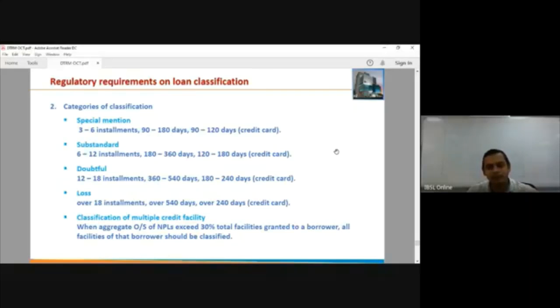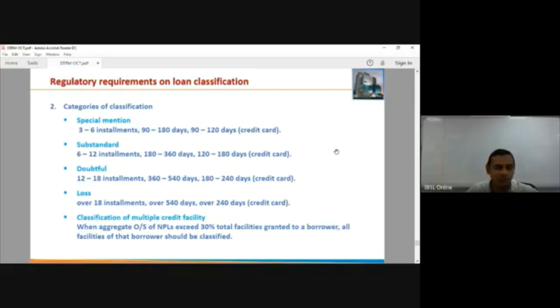Now suddenly he met up with an accident and died. And the branch manager, of course, the manager and the credit officer, they know this because they are living in the same city. But head office in Colombo, they don't know. And the regulator in central bank, they also don't know.